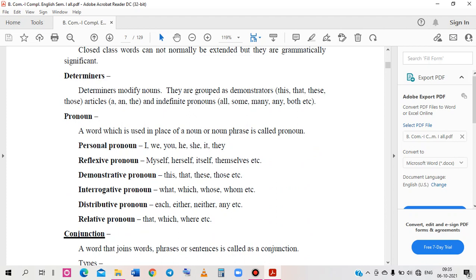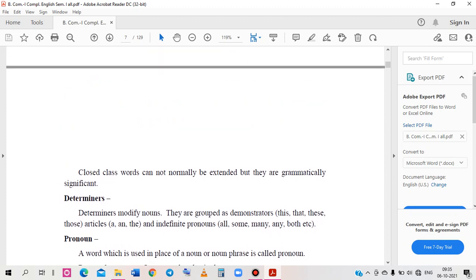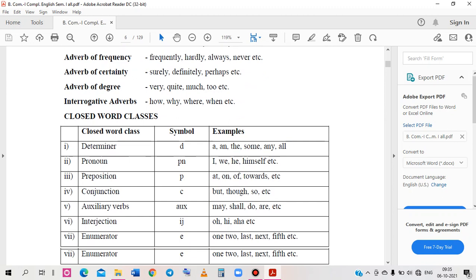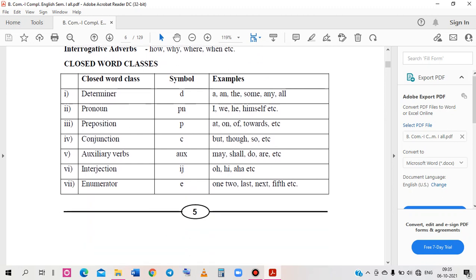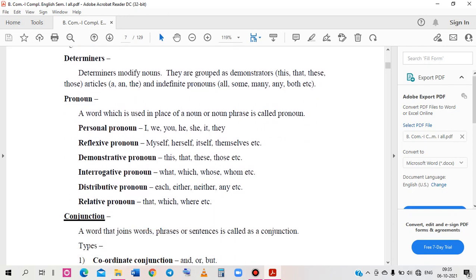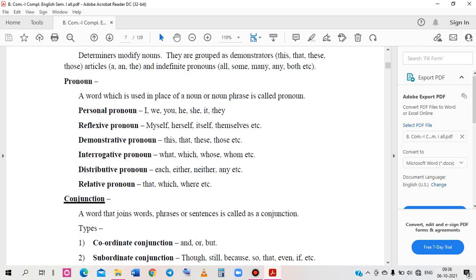Now you have understood why these closed classes are called closed classes, because we cannot add more meaning to them. It remains the same. Then reflexive pronouns: myself, herself, itself, themselves, etc. Then the demonstrative pronouns: this, that, these, those.